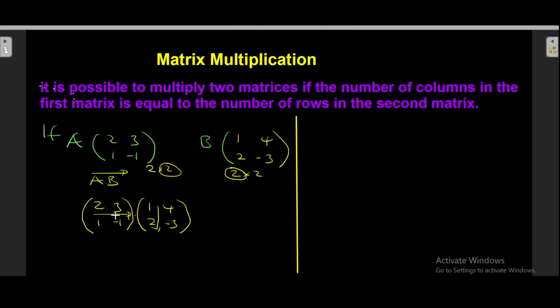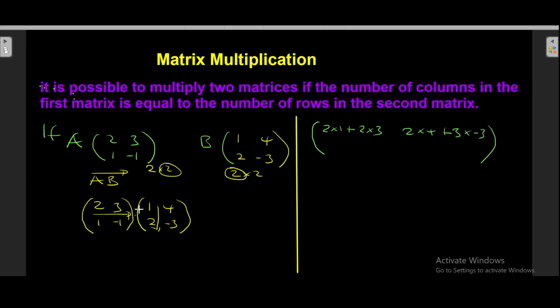Here, as you can see, 2 times 1 plus 2 times 3. Then I go to the next one, 2 times 4 plus 3 times -3. Close that bracket.